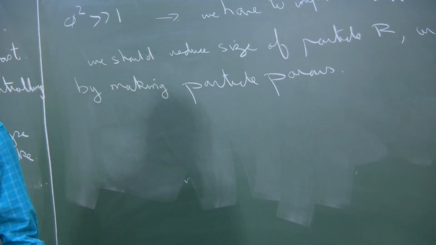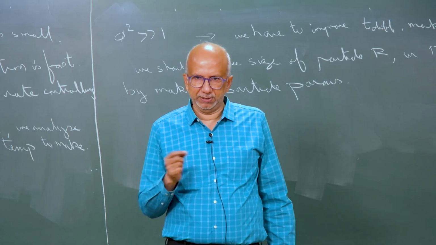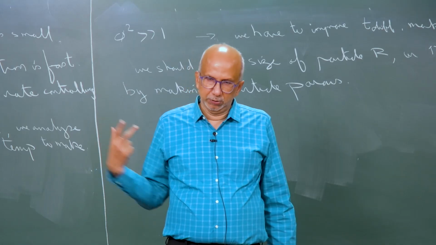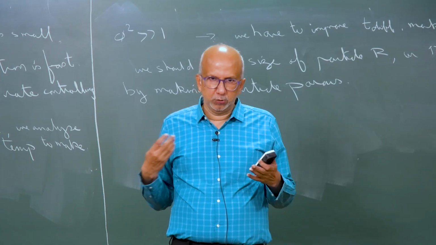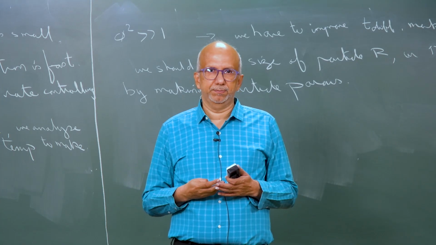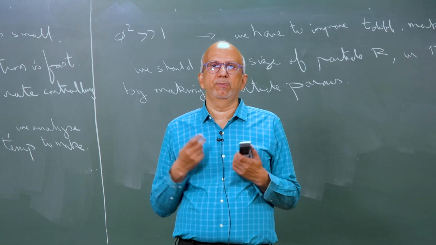You want to reduce T diffusion, so you can make the particle more porous, improve the porosity of your catalyst, so that diffusion will be faster, or reduce the size of the particle so that it has to diffuse only a smaller distance. So this will basically help you improve the performance of your reactor.